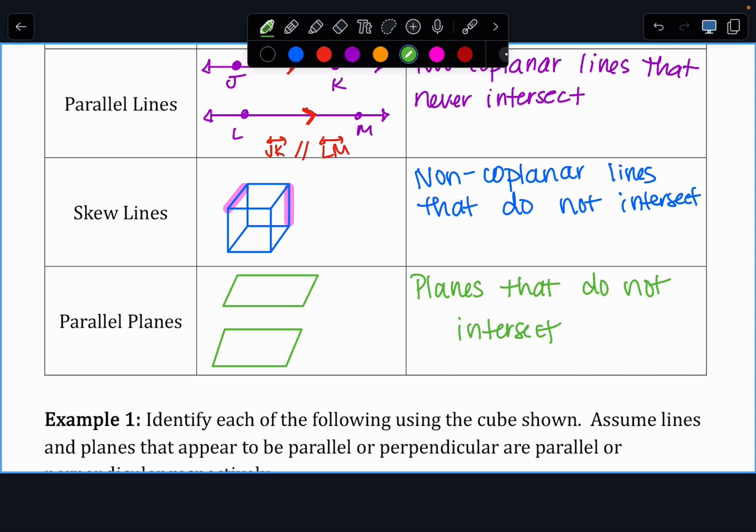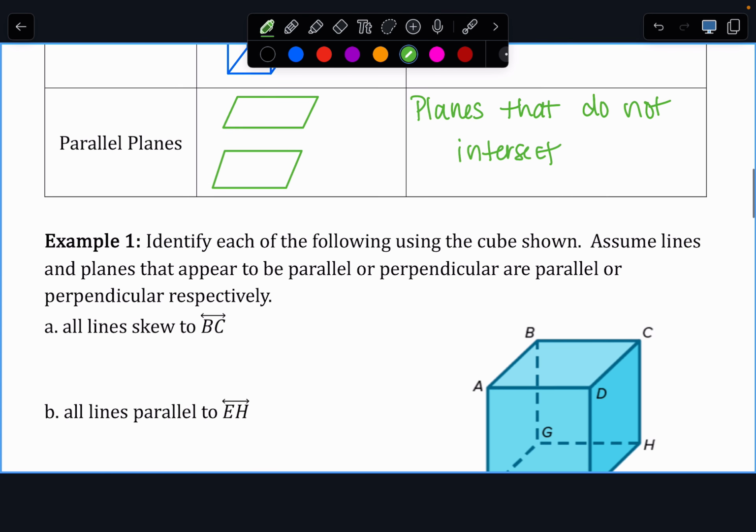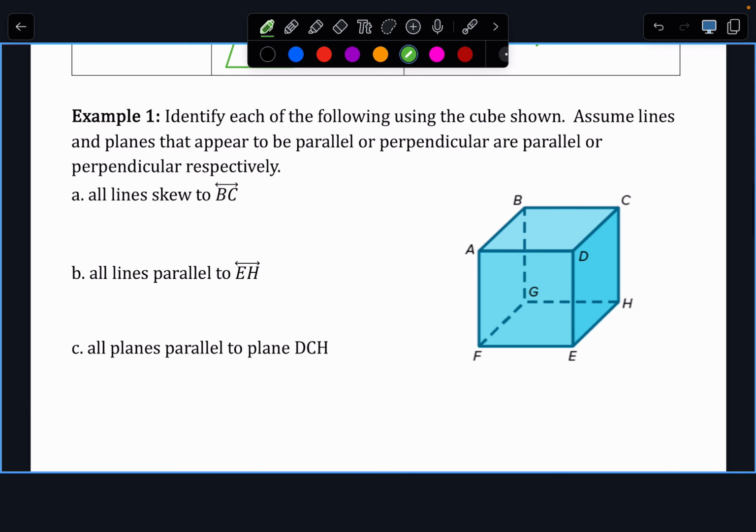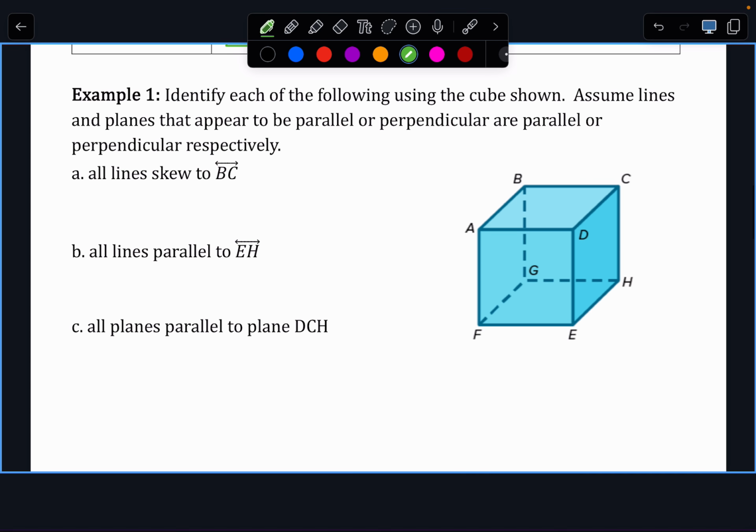Okay, so we're going to look at this cube. If I look at this cube, here is segment BC. We need to find all the lines skew to BC. We're going to call them lines, not segments. My apologies. Who can give me one?